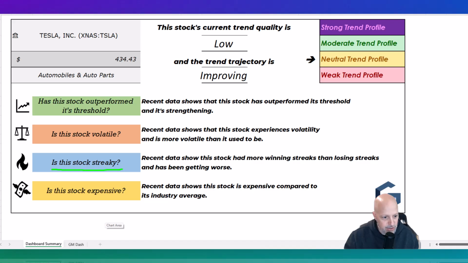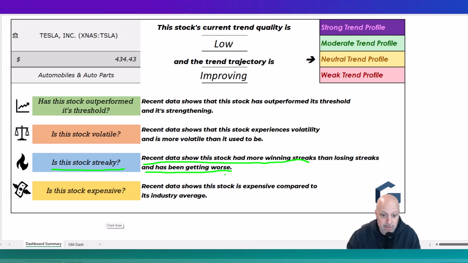Is this stock streaky? You'll see this on my next page, on my more detailed dashboard. This is really referencing 5-day streaks, whether they're 5-day winning streaks or 5-day losing streaks, and how the number of each of those compare to each other. So recent data shows this stock has had more winning streaks than losing streaks, and has been getting worse.